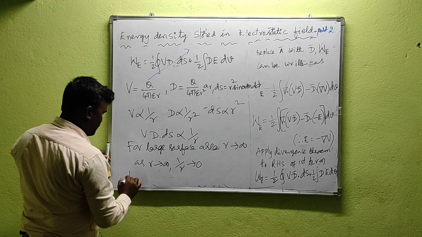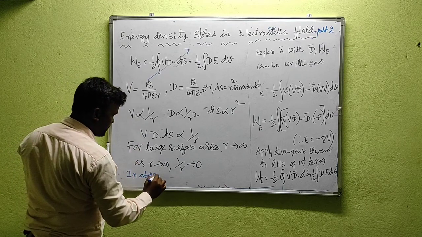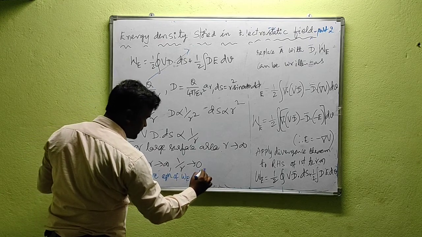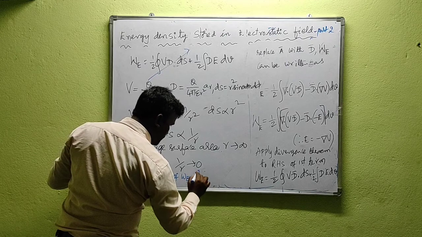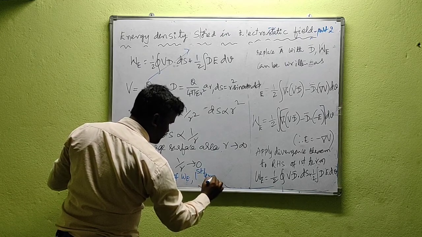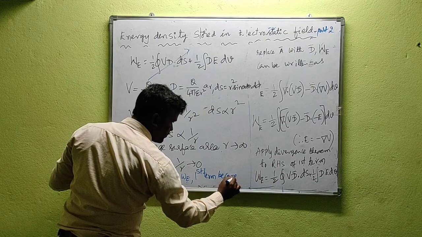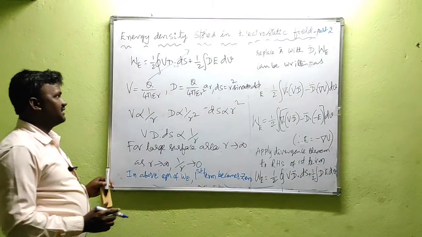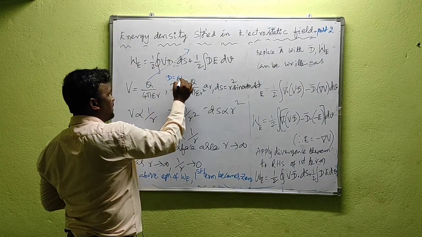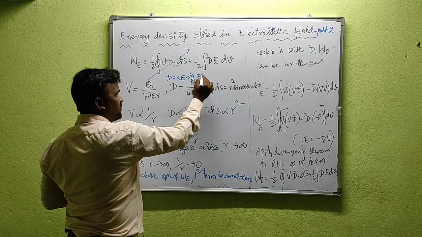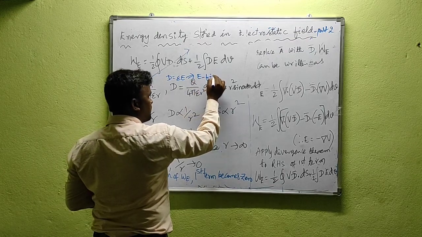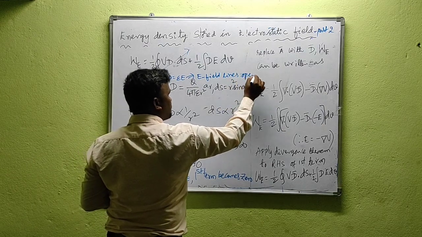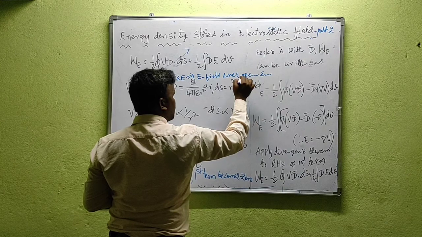Therefore, in the above equation, the first term becomes 0. Clear? Or else remember like this: D equal to epsilon into E. E, the electric field lines, are open in nature.